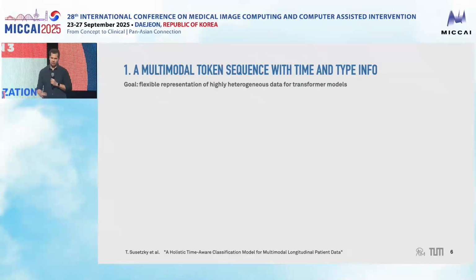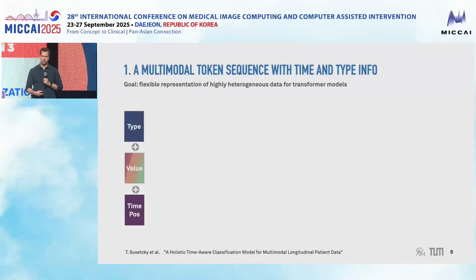When constructing the multimodal token sequence, we want to come up with a very flexible representation scheme that can integrate all this highly heterogeneous data of our multimodal health record and is natively processable by a transformer in an optimal way. So every event is represented by a token being the sum of embeddings for type, value, and time and position information.